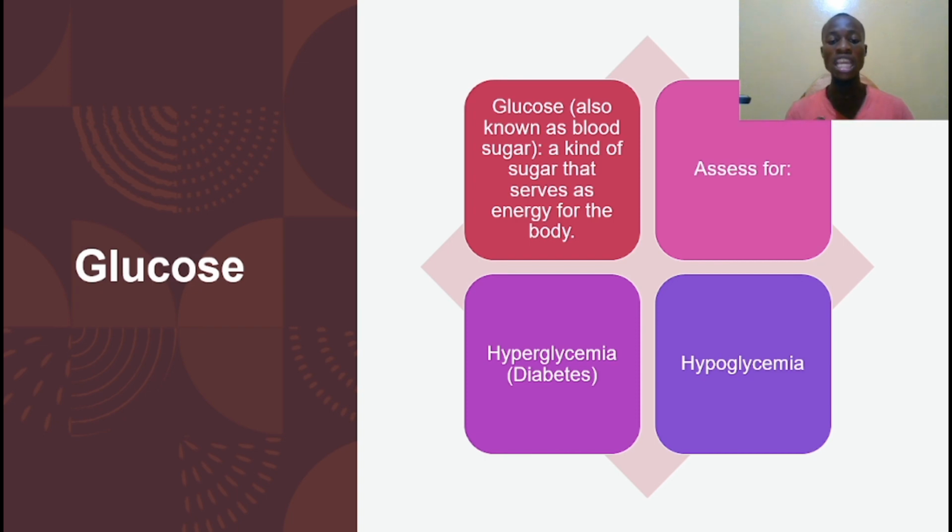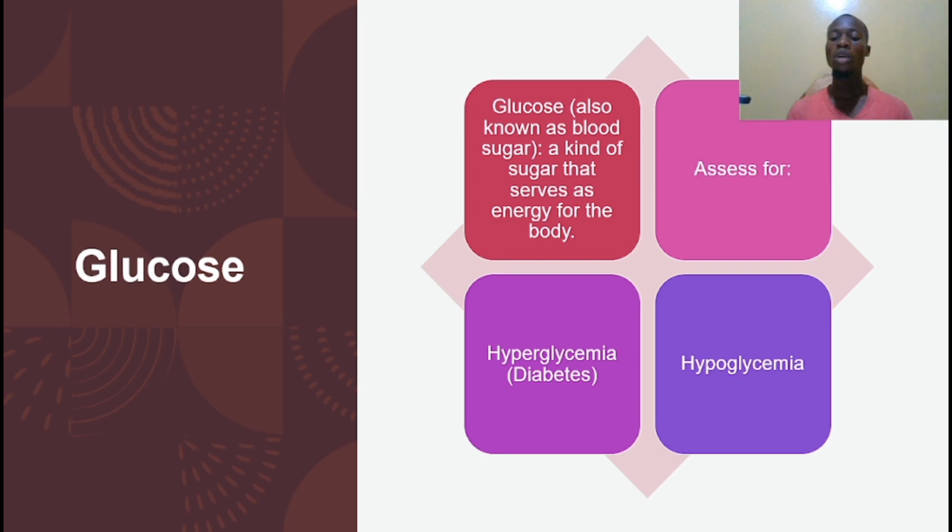If the glucose in the person's blood is very high, the medical terminology for that is hyperglycemia. Hyperglycemia is a name that refers to high blood glucose, which is a high blood sugar level, and this will account for a sickness called diabetes.